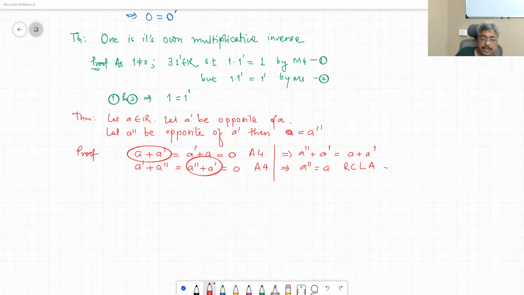Let A dash be the reciprocal, and then what you need to make sure is that A dash is not equal to 0. So we will do a small theorem first and then you do the similar one. Okay, so let me give you the statement. Let A belong to R such that A is not equal to 0.